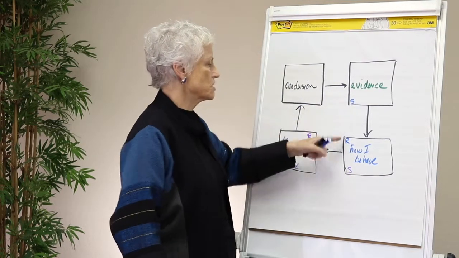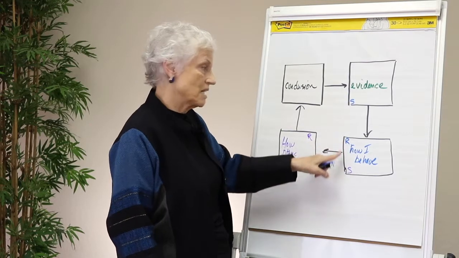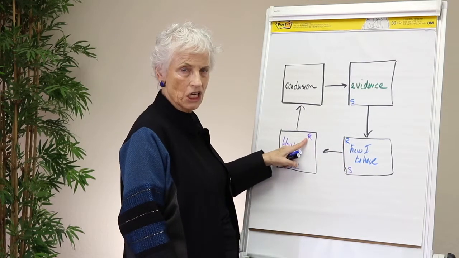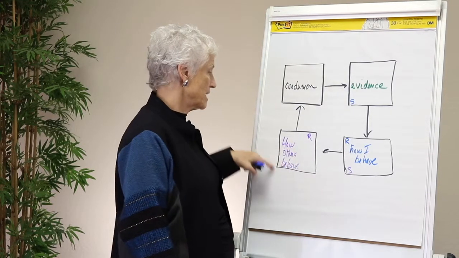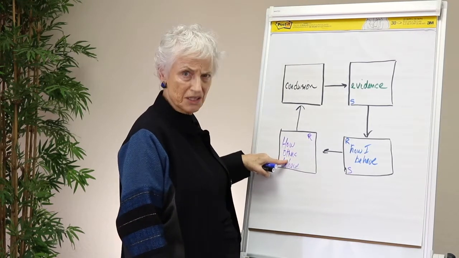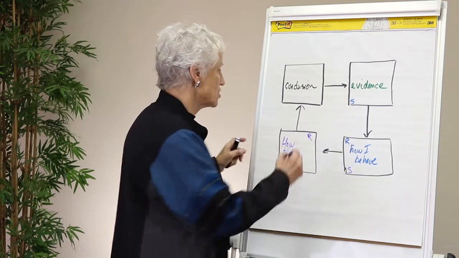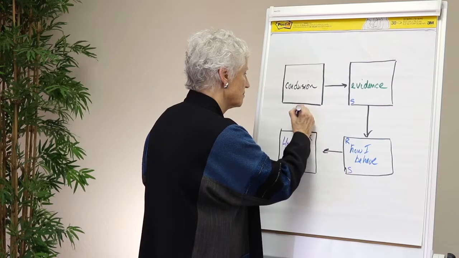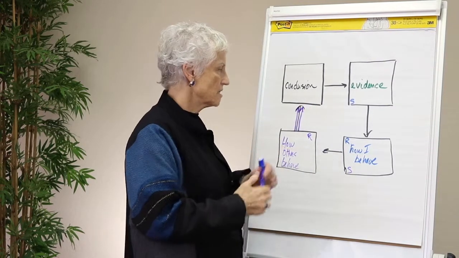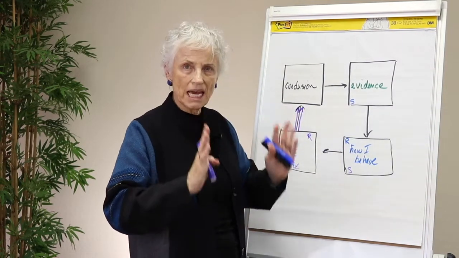So we've got stimulus response here. We've got stimulus response here. And of course, when people behave in accordance with our conclusion, it strengthens the conclusion, doesn't it? Strengthens the conclusion. And this can work both ways.